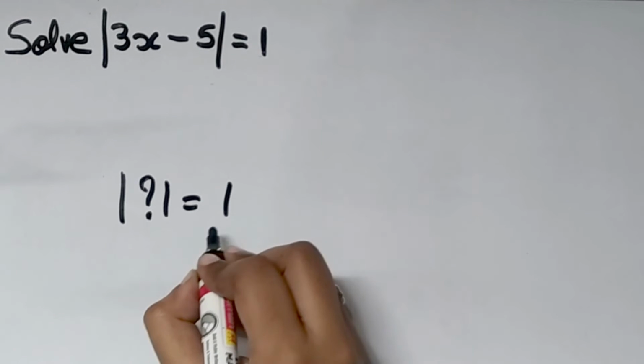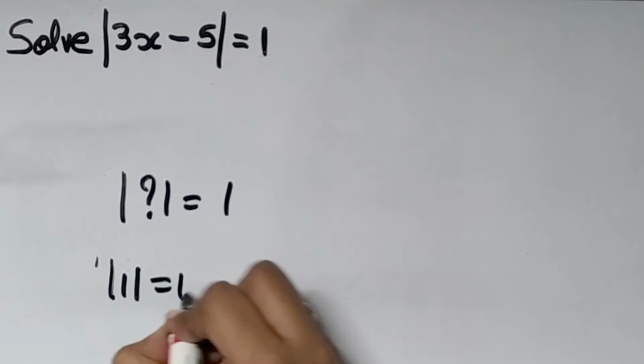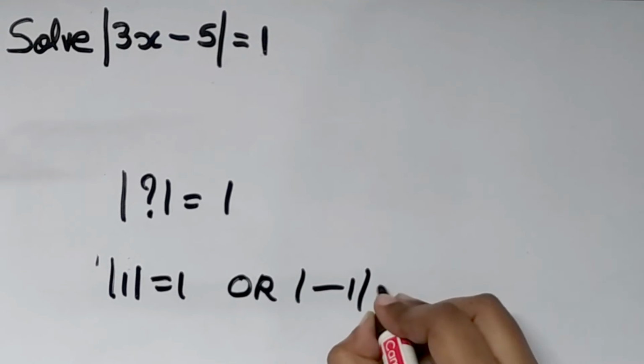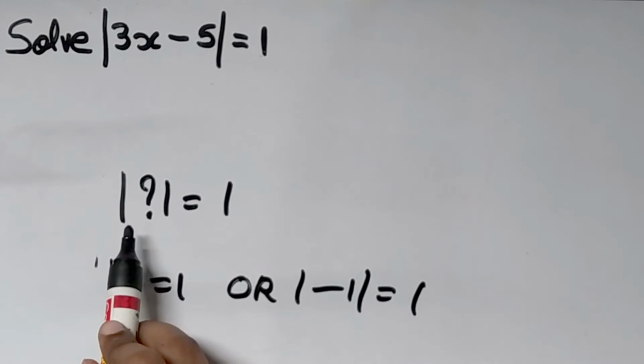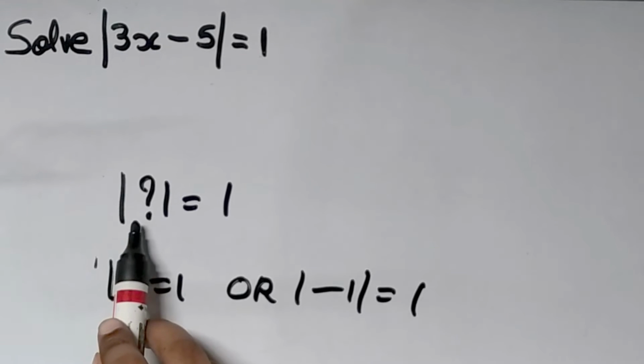So when the absolute value is 1, |1| equals 1 or |-1| equals 1. Two possibilities are there. Inside this mod sign, we can have minus 1 or 1.